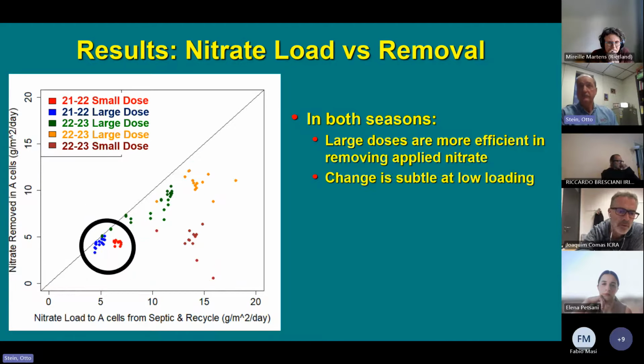So here's the same graph on the left side, and on the right side, then we are adding the COD loading to the cells. And if you remember, we had a higher loading rate in the second season. And so now we can see for COD loading, larger doses, we had differences between what happened in one season versus the other.